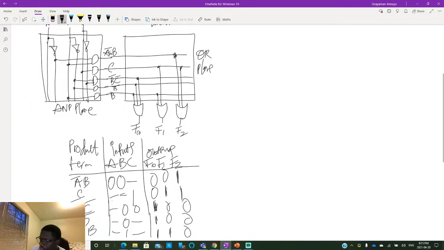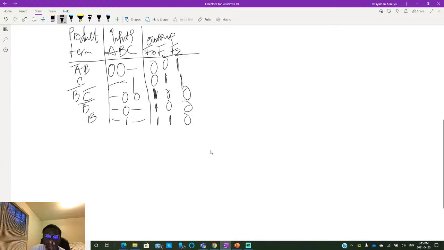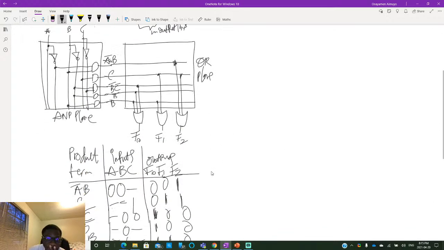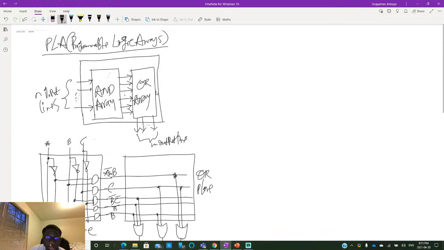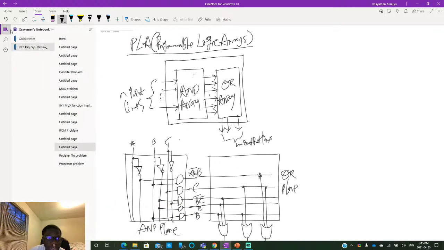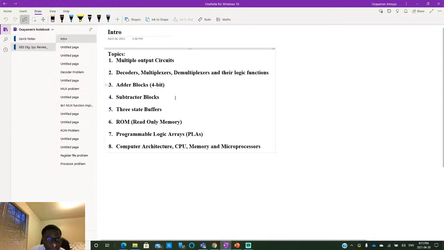Okay. So that is your programmable logic array and its ensuing truth table. Okay. Yeah, we have successfully covered all of our topics.